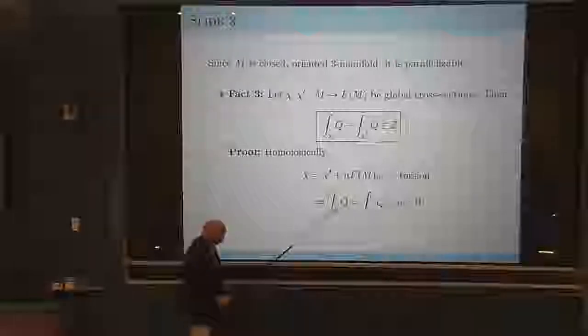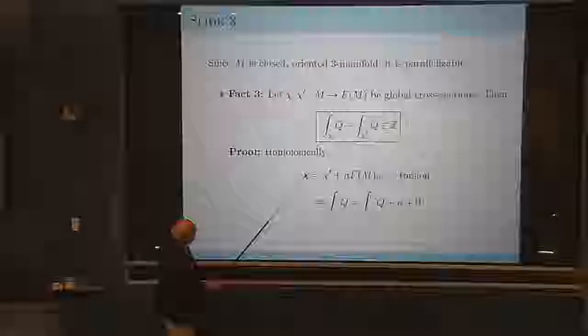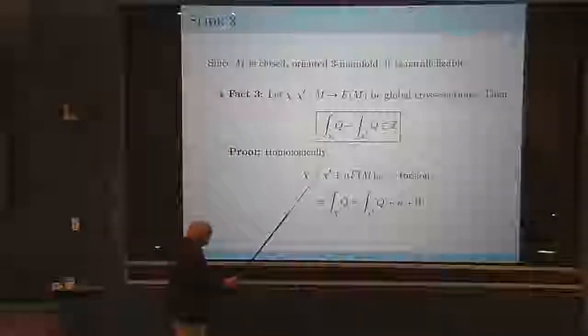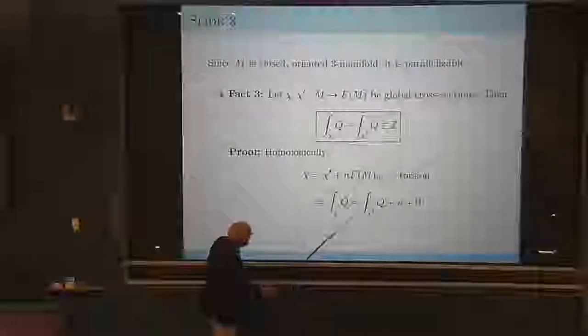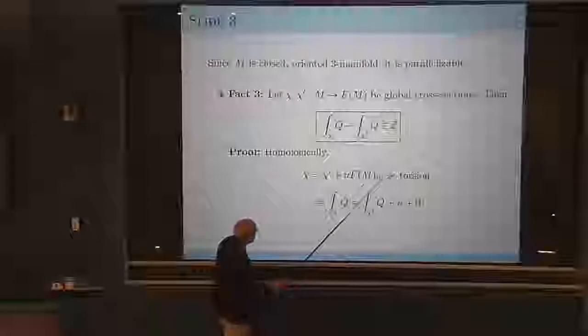So when you integrate Q over psi, it's going to be equal to its integral over psi prime, plus an integer, and of course it kills torsion.